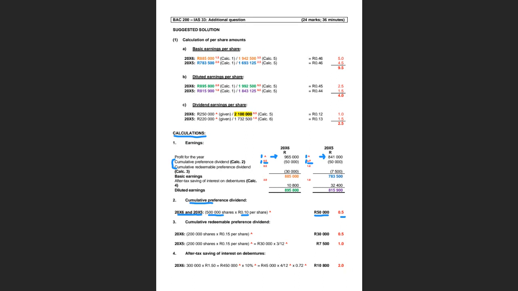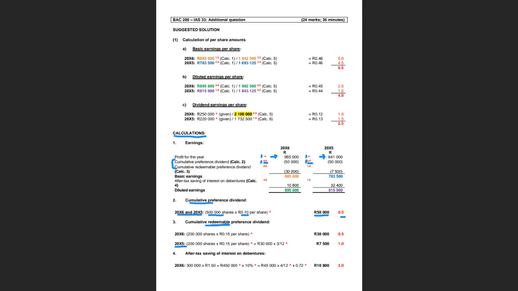Now let's have a look at the redeemable preference shares, the cumulative redeemable preference shares, in calculation 3. In 2015, it was issued on 1 October, which is 3 months before the end of the year.